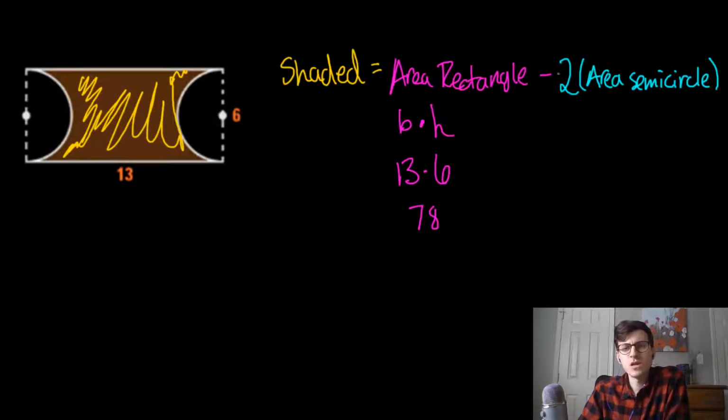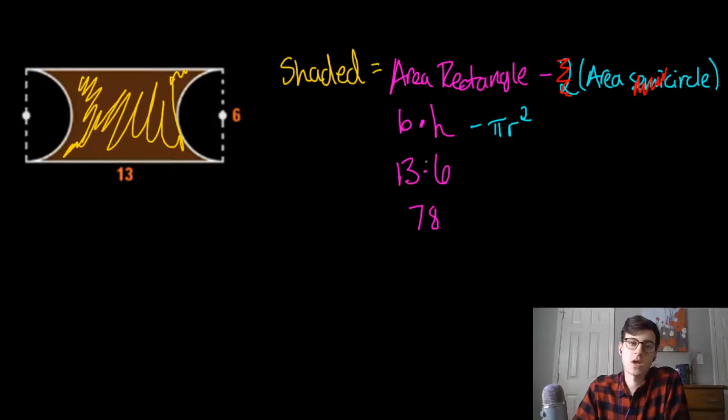Now we need twice the area of these semicircles. If I'm taking twice the area of a semicircle, that's the same as the area of a circle, right? If I take 2 halves, that makes a whole. So this is just minus pi r squared. We're looking for the radius.